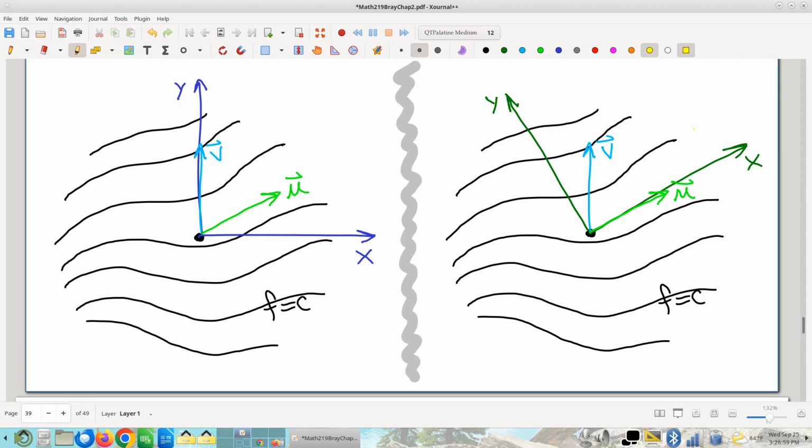How you set up your axes is pretty arbitrary. If you go out into the woods, they don't have axes set up out there. It's just a bunch of trees. So how you set up your axes in most cases is totally arbitrary.